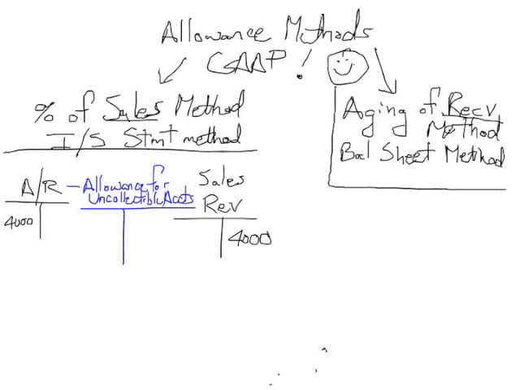And also, I'm going to make an uncollectible account expense. There. So what happens is, as soon as we booked that $4,000 in accounts receivable into the revenue, we must book what percent of those sales we don't think we're going to be able to collect. So let's say the amount we don't think we're going to collect, and this will be based on a historical norm.